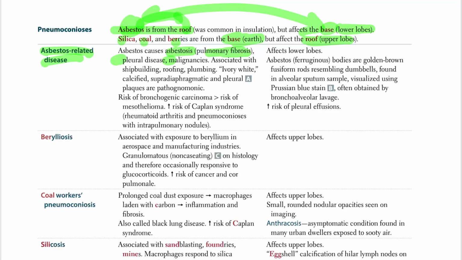Other things you might want to know are insulation, construction, manufacturing of appliances, drywall, very high yield drywall application, and textile.